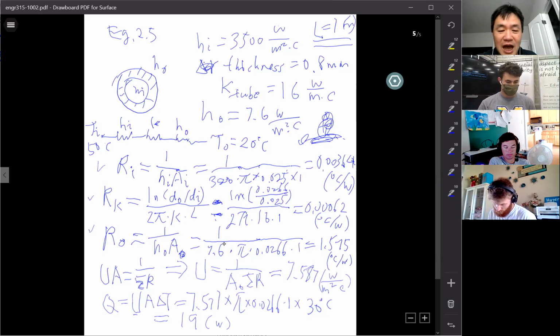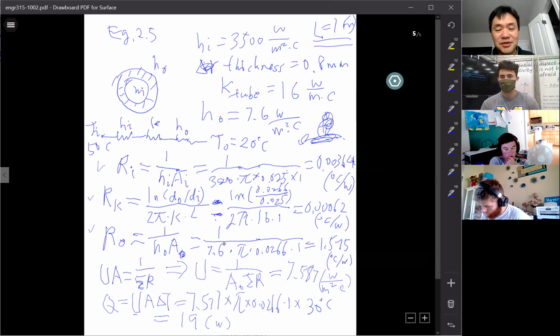We choose the R0 because R0 indeed is the most dominant resistance. Look at the value, 1.575. It's more than 1,000 times, even 10,000 times, compared to the conduction, and at least 500 times compared to the inner convection.